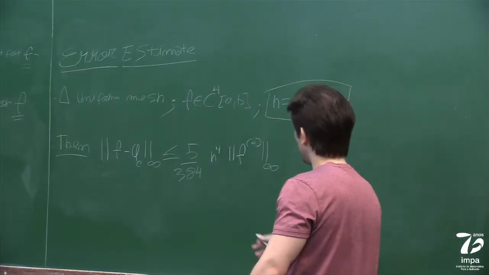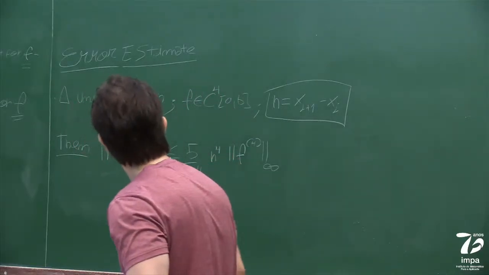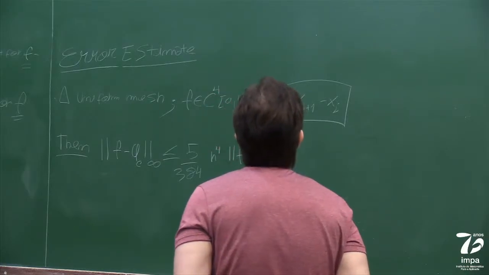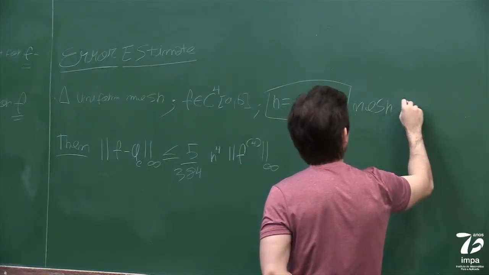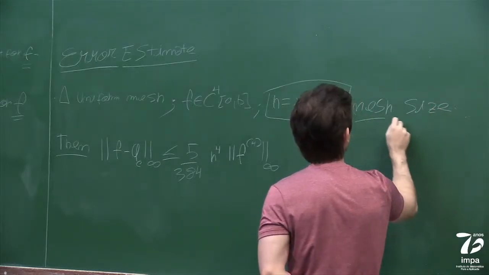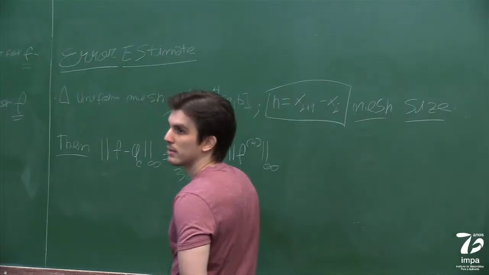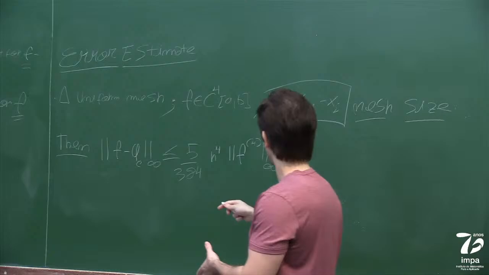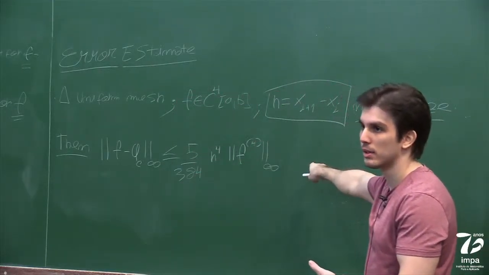So indeed, we can see that the error decreases at the fourth power with the mesh size, or resolution, right? So this is a good sign, that we have something decreasing with the fourth power of the size of our mesh, okay?